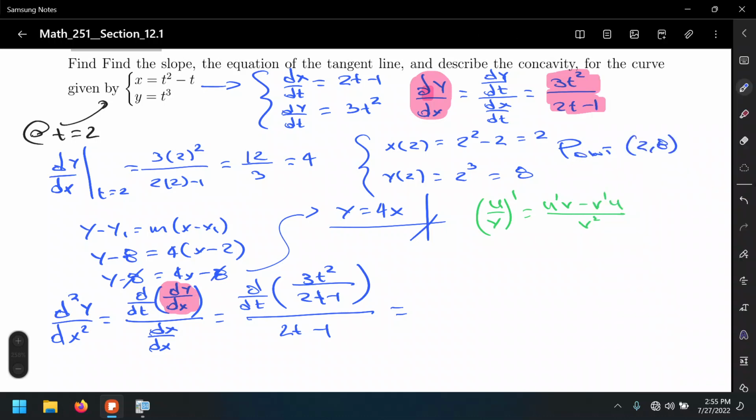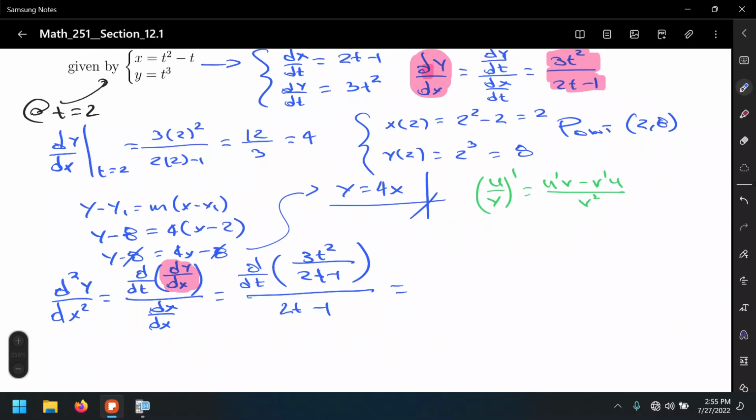The derivative of the numerator is 6t times the denominator 2t minus 1, minus the derivative of 2t minus 1, which is 2, times 3t squared, the whole thing divided by the quantity 2t minus 1 squared.